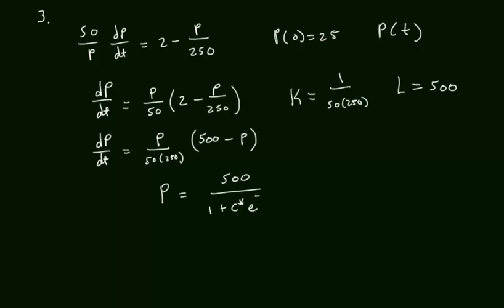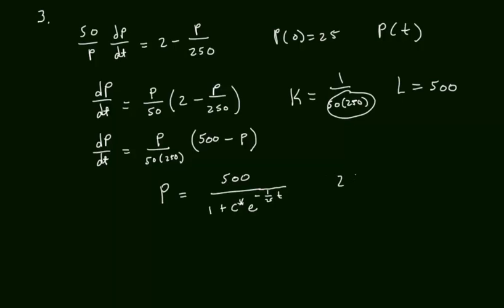Well, that's kind of nice. The 500 over this quantity here is going to give me 1 over 25, so e to the negative 1 over 25 t.